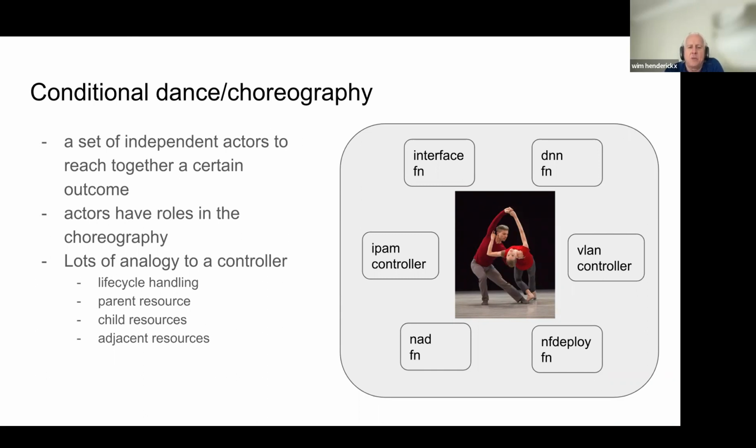What the function runtime, as its name is right now, tries to do is lifecycle management operations in a way that the code you have to implement for each of these functions is very small, but together they adhere to this principle of conditional dance or choreography. The reason I call it conditions is because we use conditions to convey information and work that needs to happen.